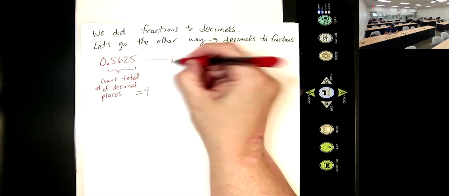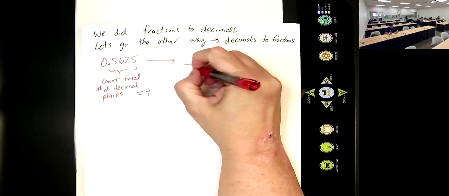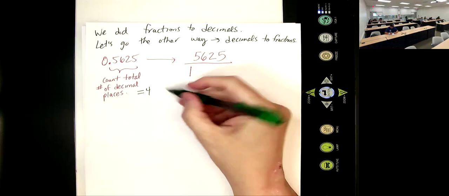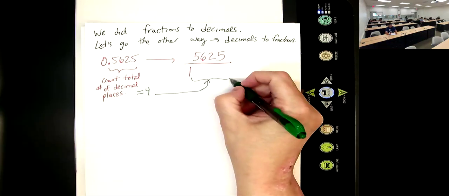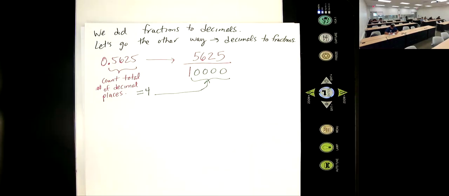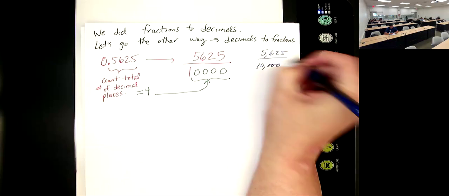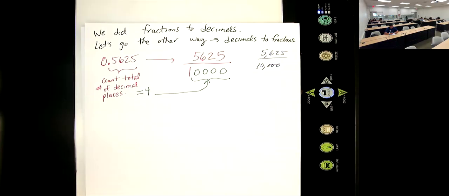What I'm going to do is dump the decimal point and just write 5625. I'm going to write a 1, and I'm going to use this 4 to tell me how many zeros to put after the 1 down here. So this is 5,625 over 10,000. Now this simplifies, they're both multiples of 5 at least.